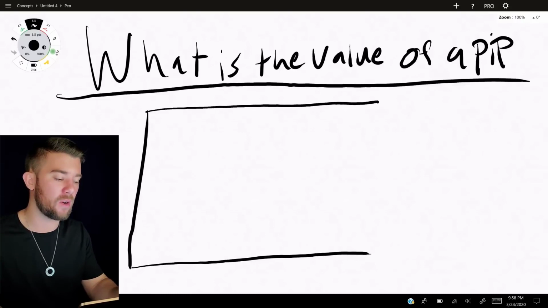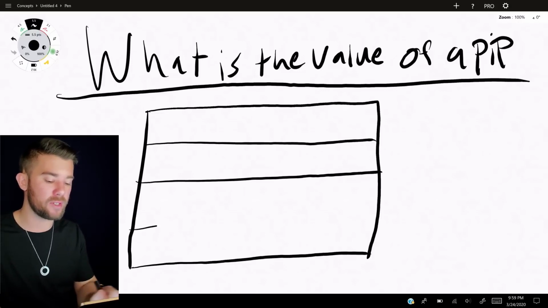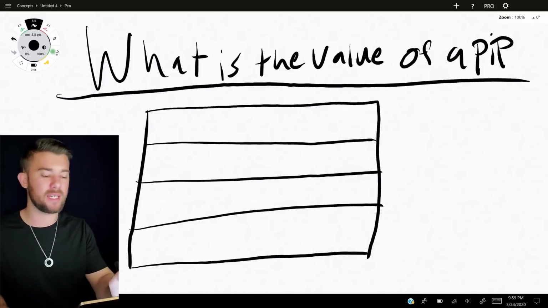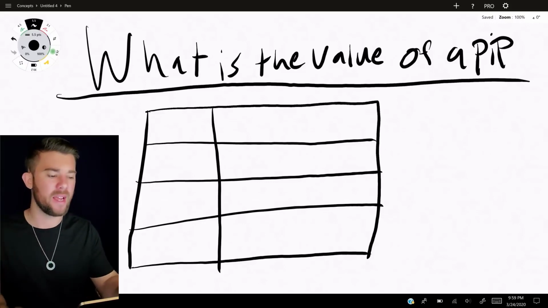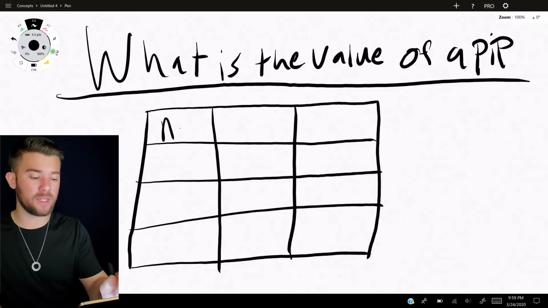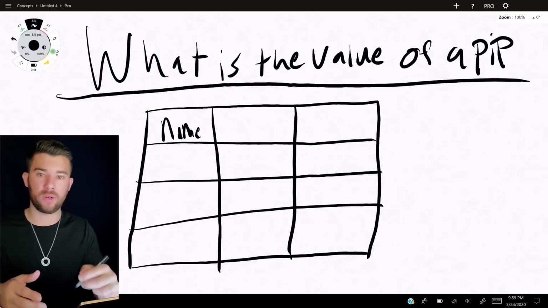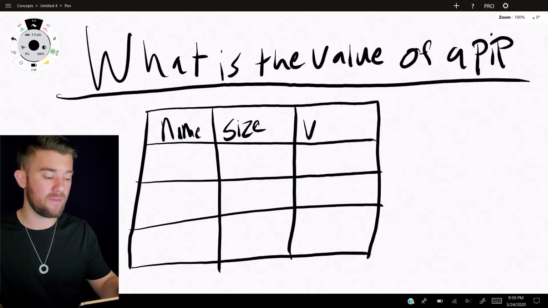Those units are broken down into, most of the time, 3 major types, but we're going to do a 4th just in case. The 4th one is used very rarely, but you'll understand more about that in just a second. Nothing confusing about this. What we're going to have in this column is the name of whatever lot size you're doing, in this column the size, and in this column the value per pip.